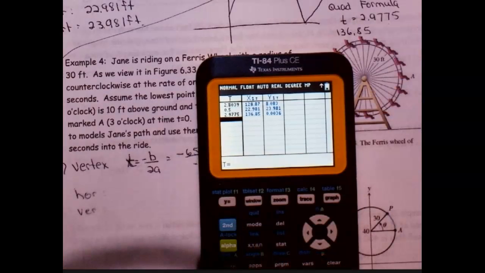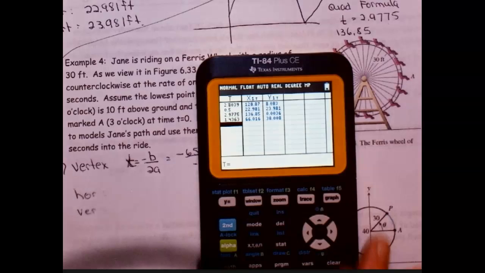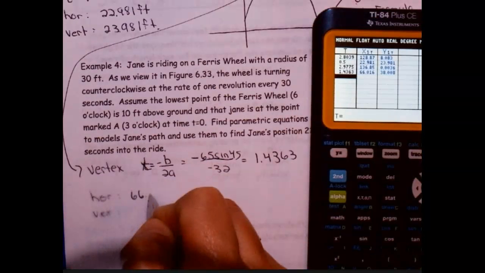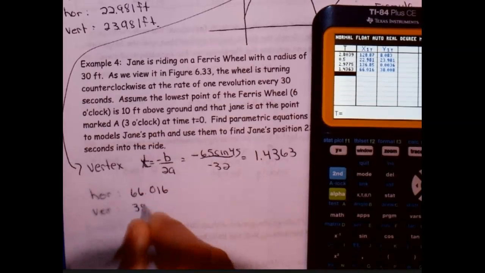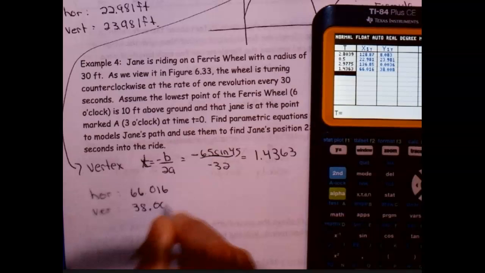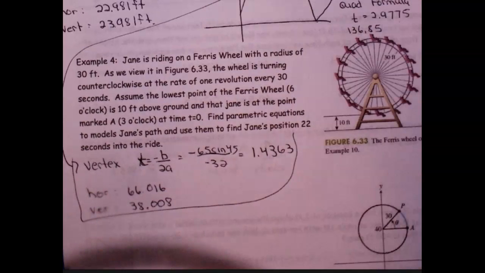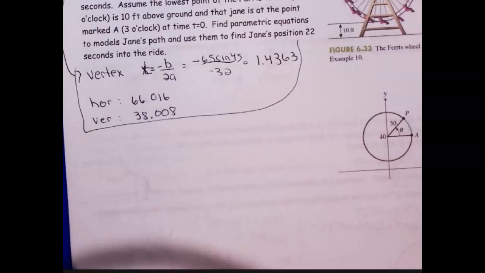So I'm going to use that answer button, and it tells me what the horizontal distance covered and what the vertical distance covered is as well. My horizontal distance was 66.016. My vertical distance was 38.008. As I said, I know that's more than what they've asked for, but I think that's going to be beneficial in a few other questions that you have.